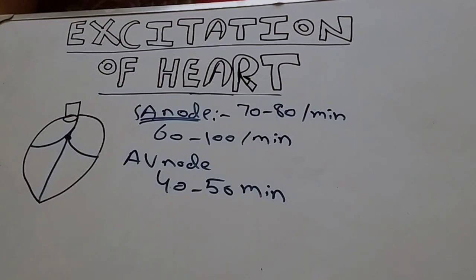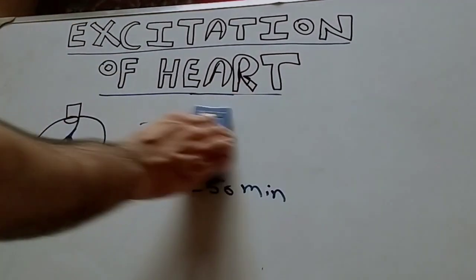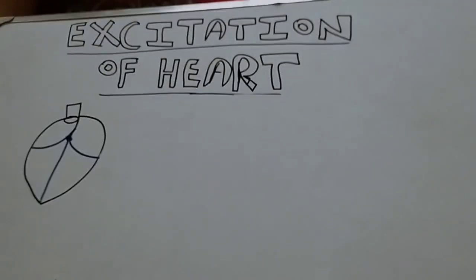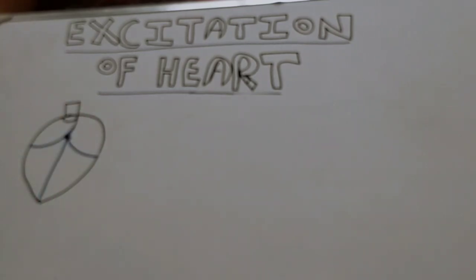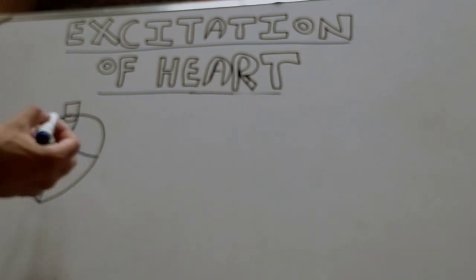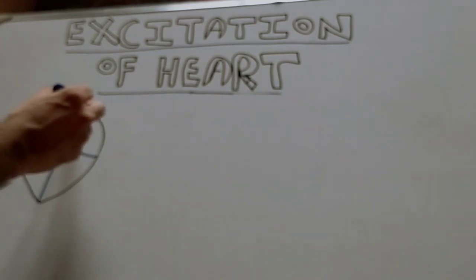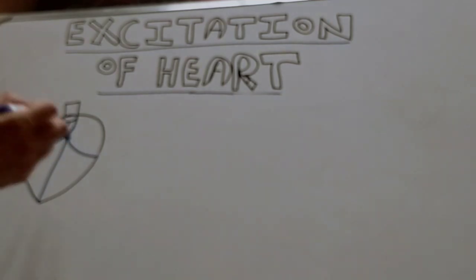Now talking about the conduction of impulses from the SA node across the heart. You can see that impulses are generated from the SA node and travel through these bands towards the AV node.